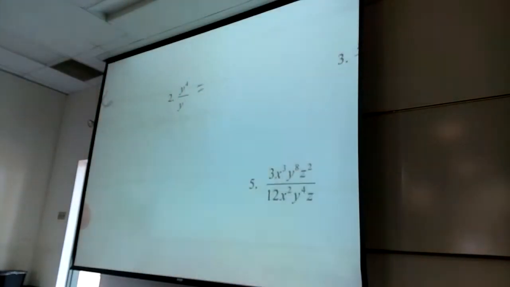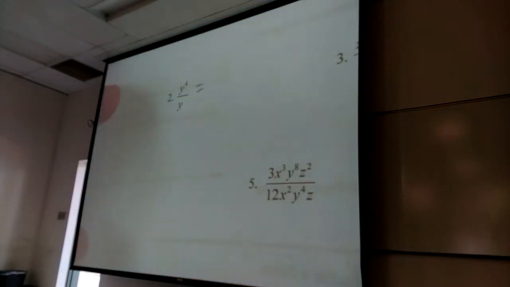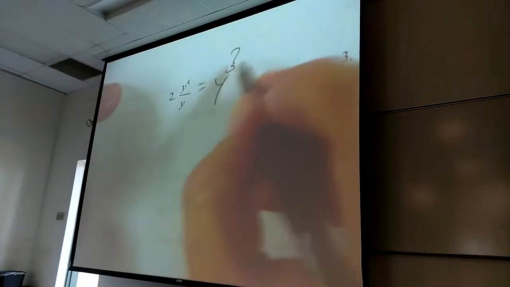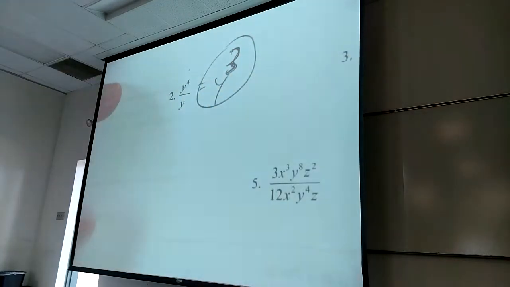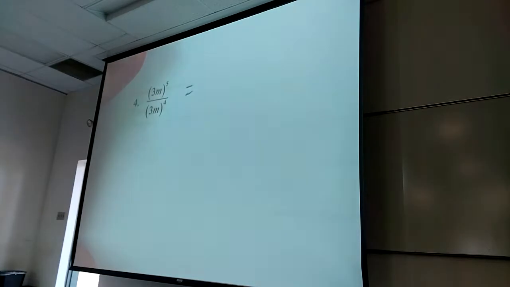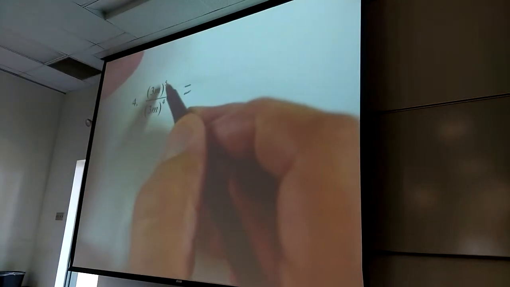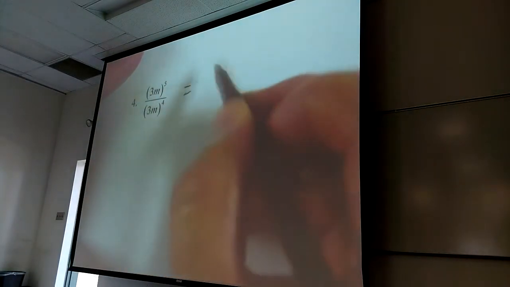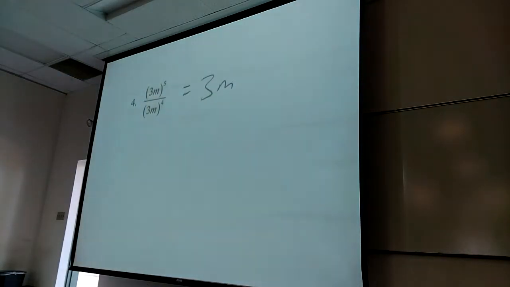So, of course, this would be y to the 3rd. Beautiful. Look at number 4. What would happen with number 4? I got 5 3m's. I divide 4 3m's away, so now I'm left with 3m.